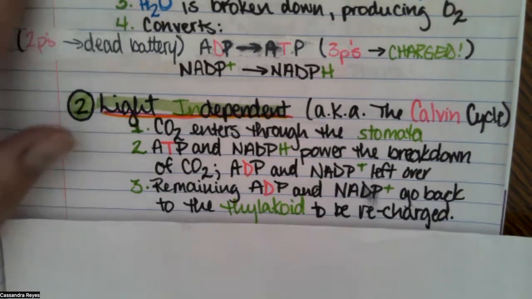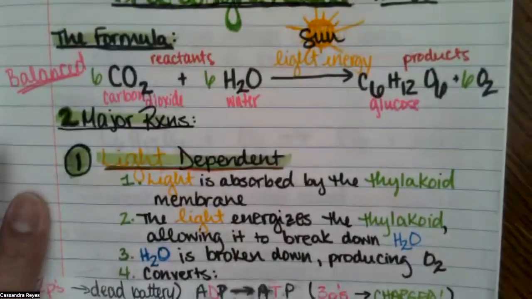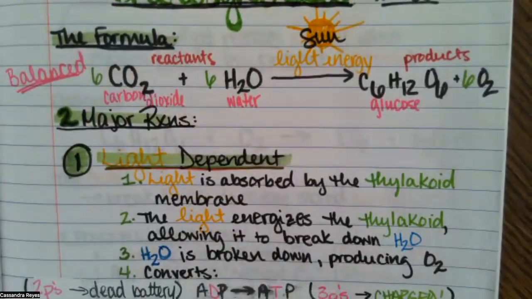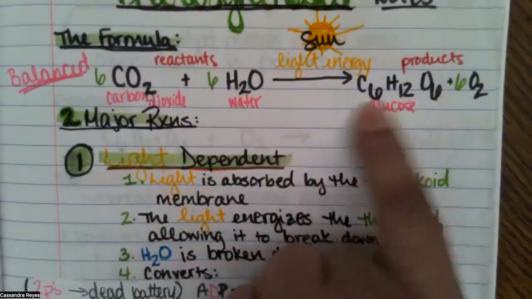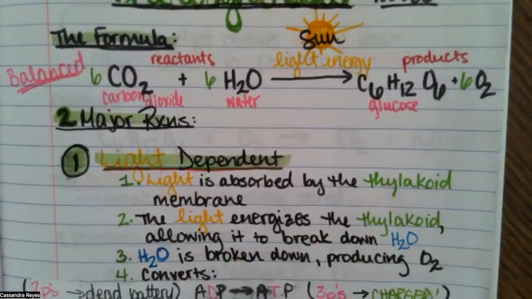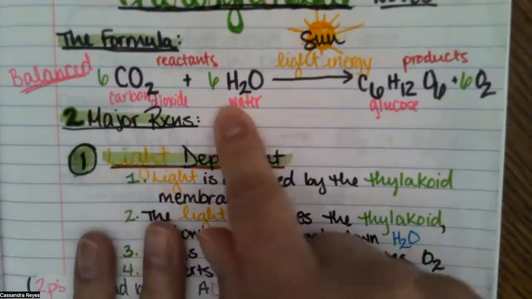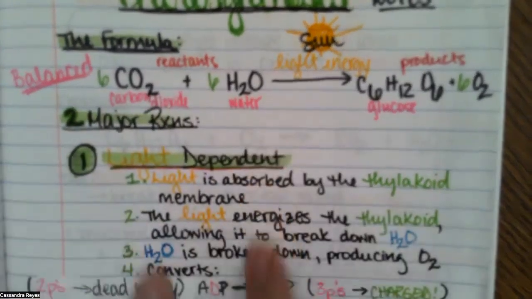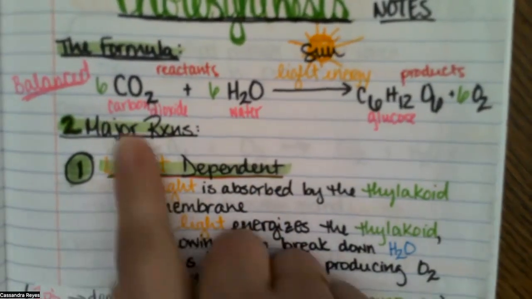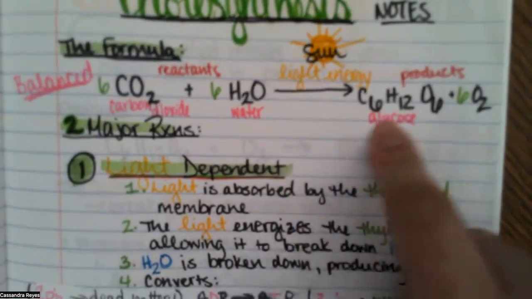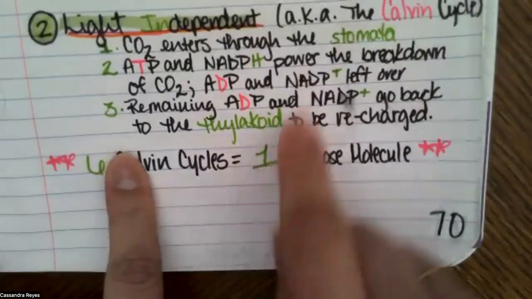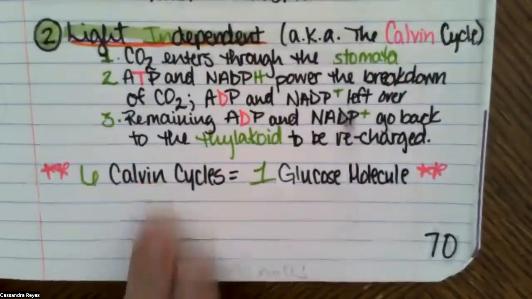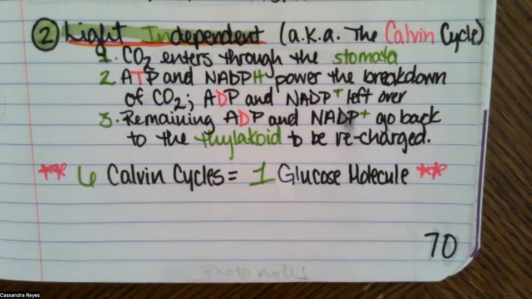All right. So as I was saying earlier, this was going to come back into play. The fact that we have 6 CO2, 6 H2O, 1 glucose, 6 oxygen, because what we're having to do here is we're having to do this whole process. Guess what? 6 whole times just to make a single molecule of glucose. So this light independent is very much not energy saving.